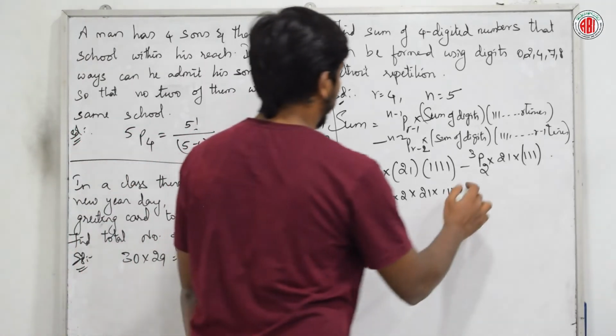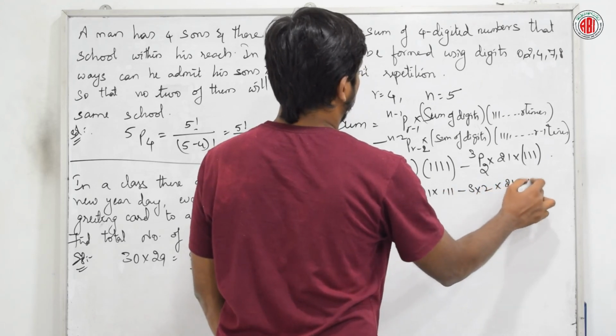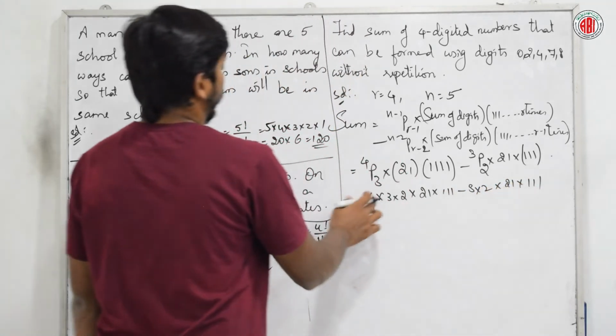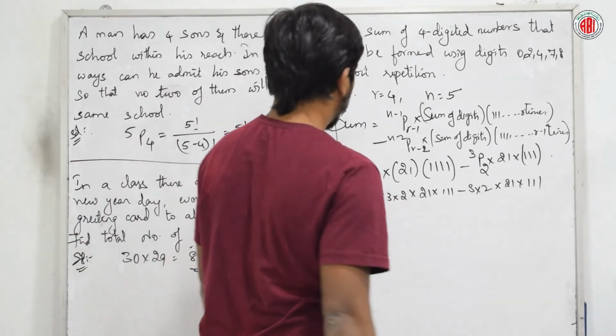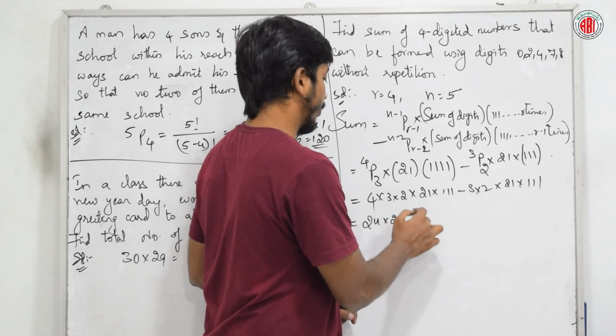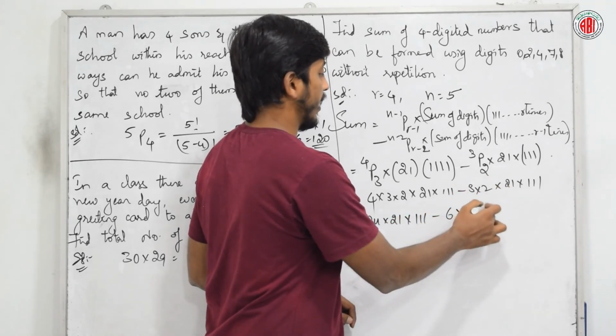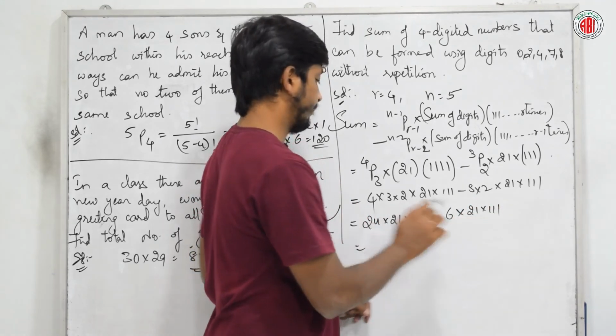That is nothing but 3 factorial, which is 3 into 2 into 1, into 21 into 111. 4 3s are 12, 12 2s are 24, into 21 into 111, minus 6 into 21 into 111.